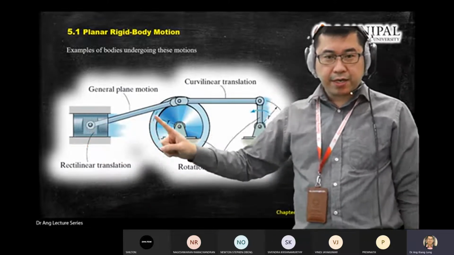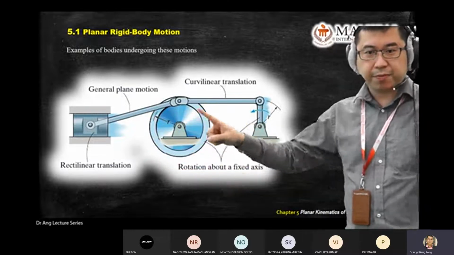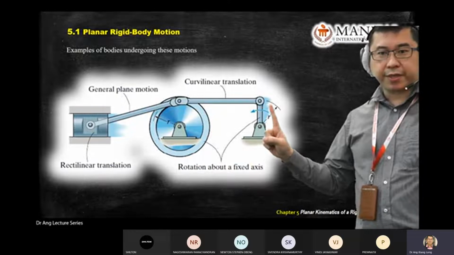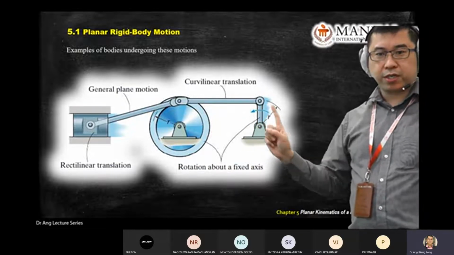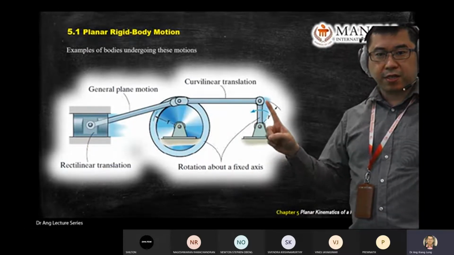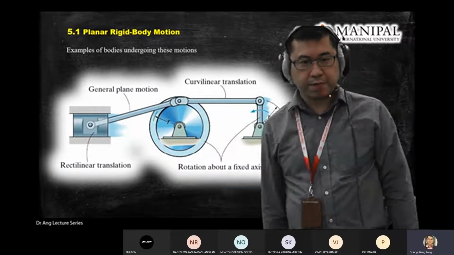And then this is rotation. A circle is a rotation. This one also moves in rotation around the fixed axis here. This object, rotation. This one, rotation.